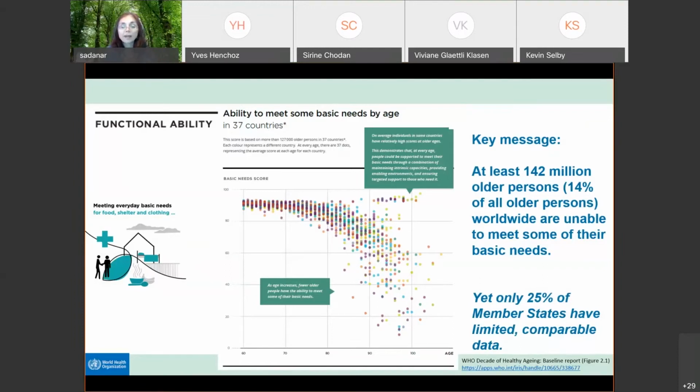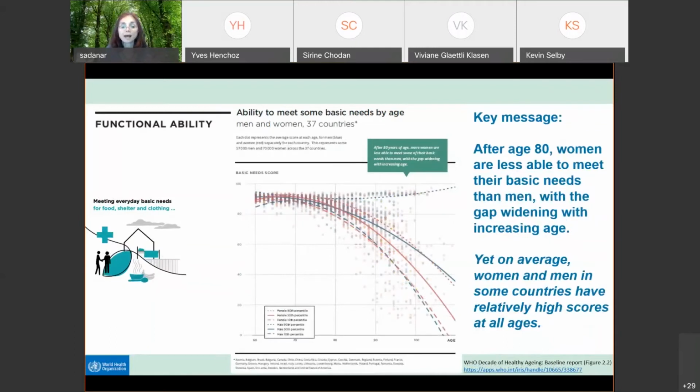But I would like to show one more example from this, because we did look at results by age, sex, and education levels, with education levels as a marker of socioeconomic status. Based on this data from 37 countries, what we see is that after age 80, women are significantly less able to meet their basic needs than men, with the gap widening with increasing age.